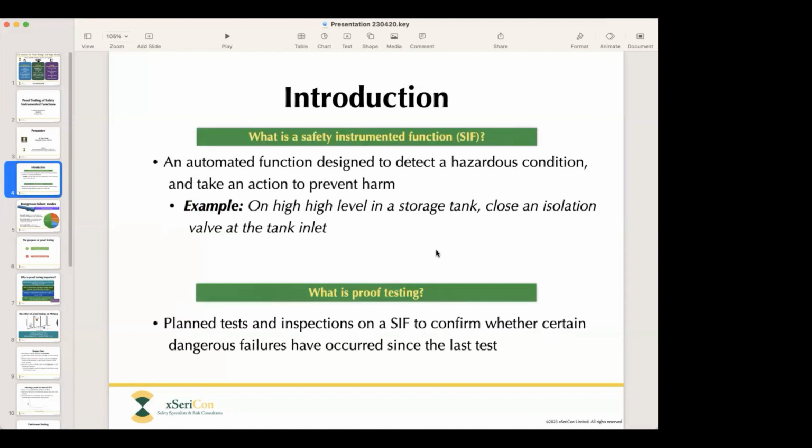So first of all, let's introduce what we mean by proof testing. And even before that, we need to take one more step back and say, what is it that we're proof testing?